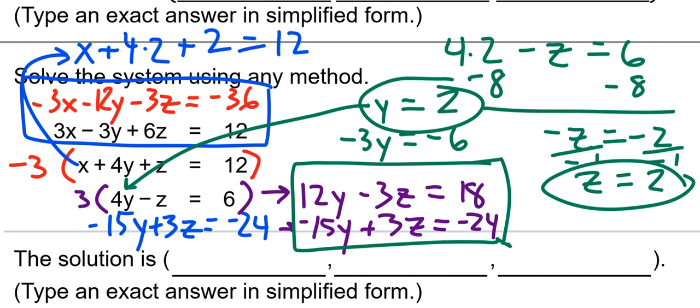No way. Are you kidding me? What did we come up with for X? We came up with 2 again.